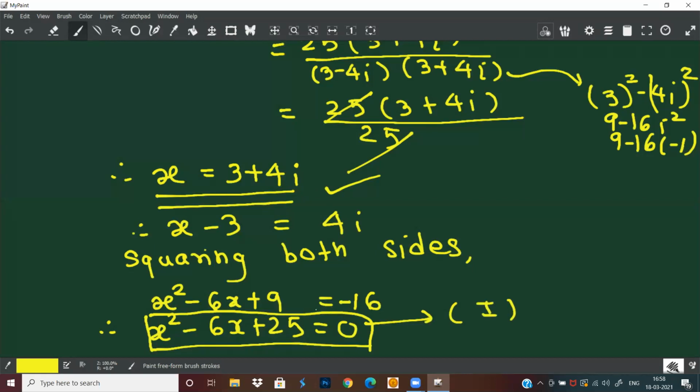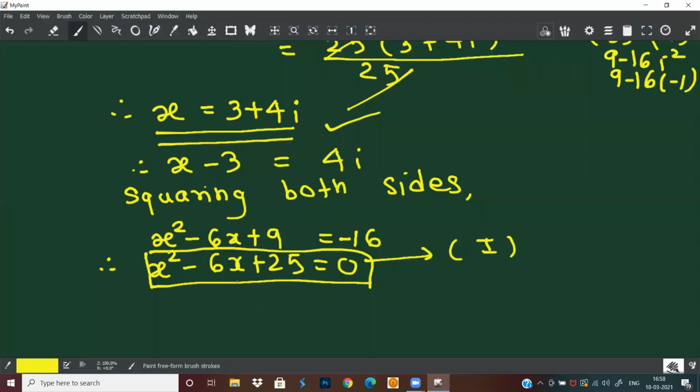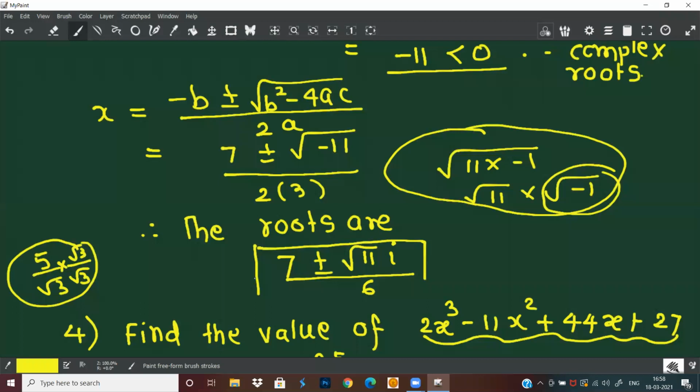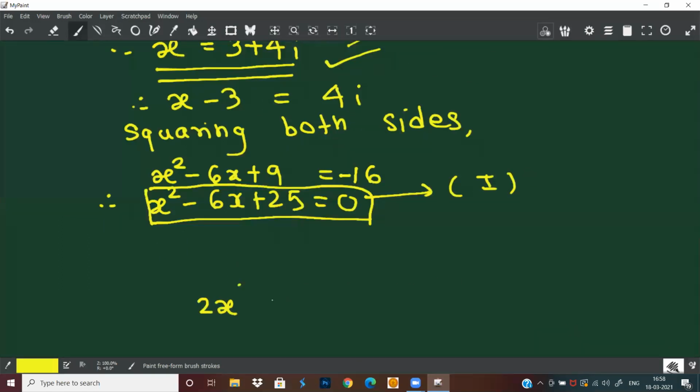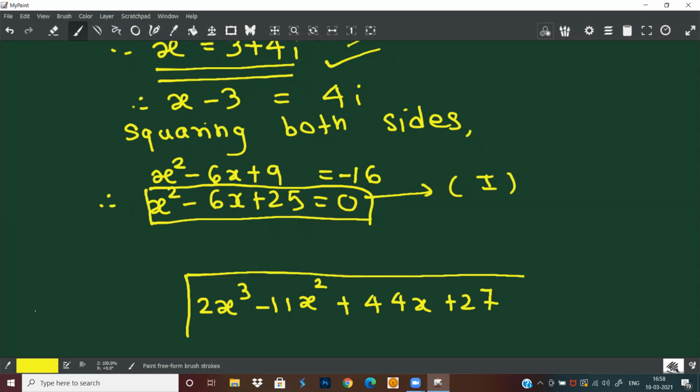So I will call this 1. Yes, division, you are absolutely correct. Now what we need to find the value of is 2x cube minus 11x square plus 44x plus 27, that I'll copy. We will divide this by x square minus 6x plus 25.